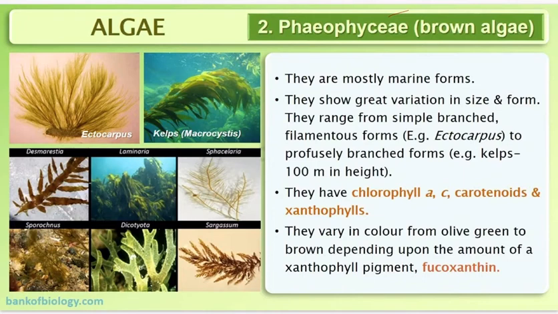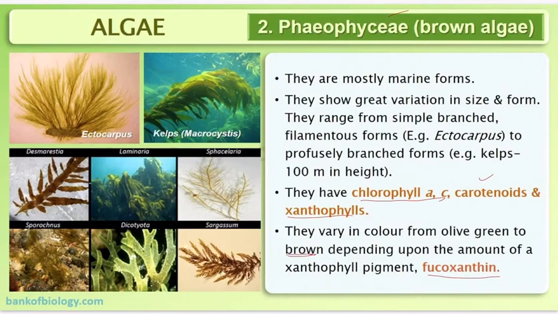Next we go to second class, Phaeophyceae. As the name suggests, it's brown algae. Why is it brown? Because of presence of the major pigments, chlorophyll A, chlorophyll C, carotenoids, and most important is xanthophylls and fucoxanthin.